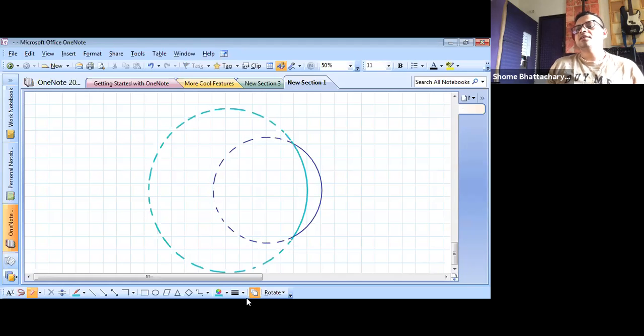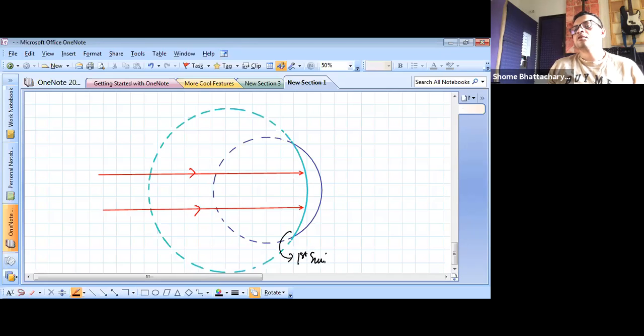You have to understand that when light is coming from this side, with the proper sign convention and everything, we'll be taking this as the first surface, and it should have the larger of the two radii. So it will have a radius of 60 centimeters. And this will be the second surface that the light hits, so it will have the smaller of the two radii, in this case, 45 centimeters.